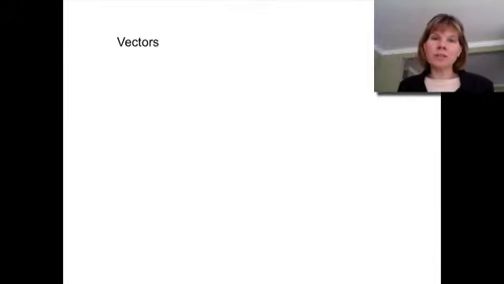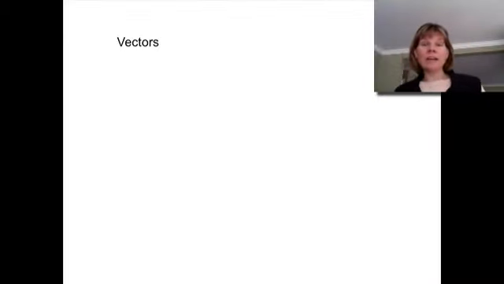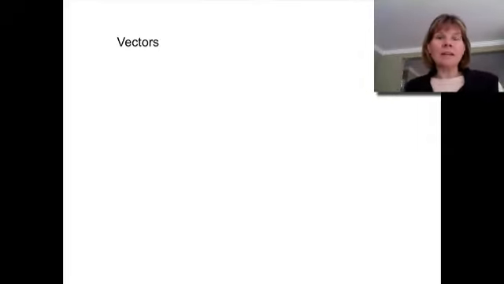The units don't count as information. So a vector is something that consists of two pieces of information. The two pieces of information could be 5 meters that way or 39 degrees counterclockwise or something like that.